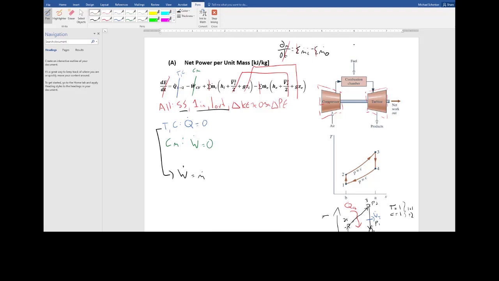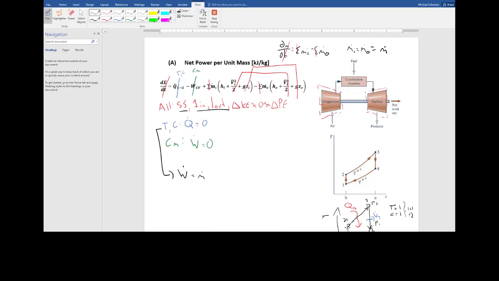So that means for each component m dot in is equal to m dot out. And since they're all arranged in series, and I'm not splitting the mass anywhere, there's only one mass flow rate inside my cycle. Does that part make sense? That will be the same if you get a Rankine cycle with 4 components on the exam.